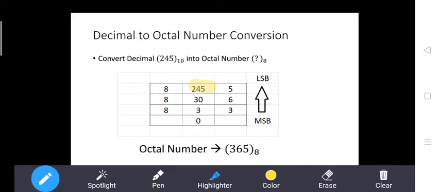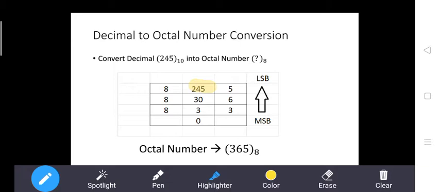If you recall our previous lecture, while converting decimal to binary, I divided the decimal number by 2. But to convert decimal to octal, I divide the decimal number by 8. While doing binary, we divide by 2. While doing octal, we divide by 8.